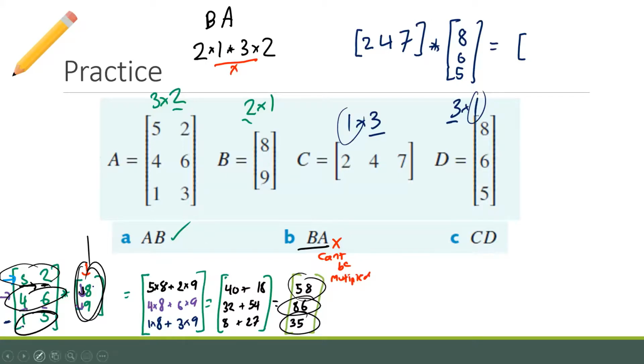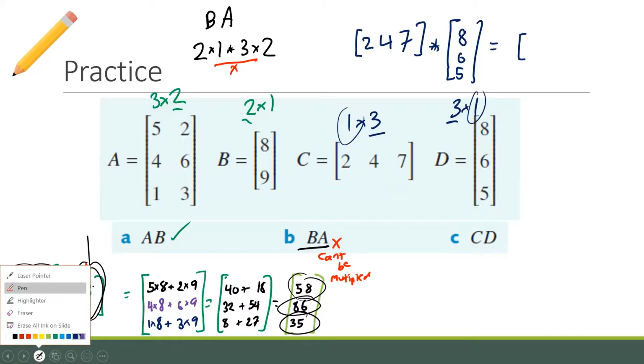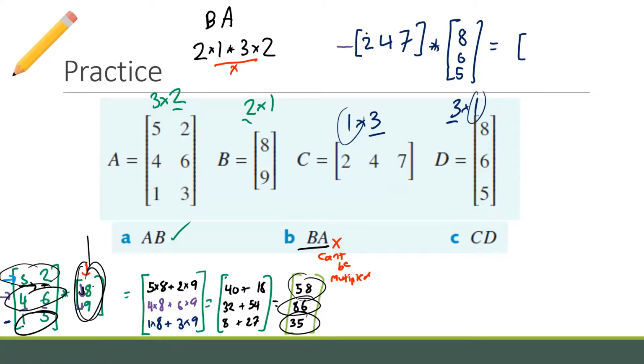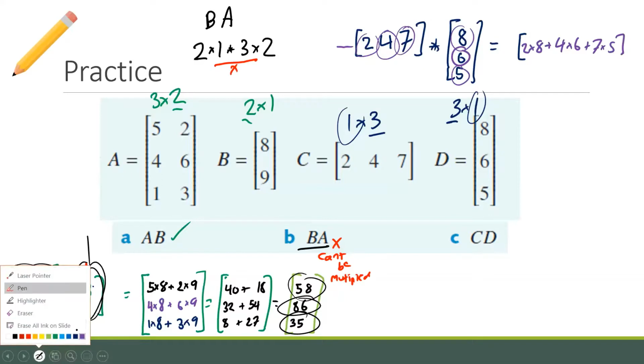Again, you go rows by columns. Row 1, we start with the 2 and the 8: 2 times 8, plus the next ones along, 4 times 6, plus the next ones along, 7 times 5. That is our 1 by 1 matrix.